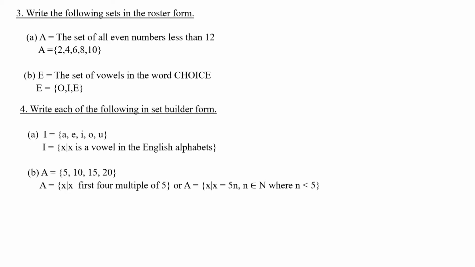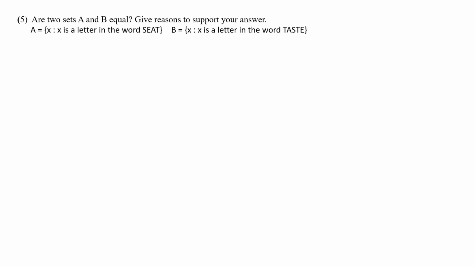Okay. Now we'll move to question number 5. What is given in question number 5? Are two sets A and B equal? Give reason to support your answer. You have to solve and let's see whether they are equal or not. Now what is there in set A? Set A equals X such that X is a letter in the word seat.